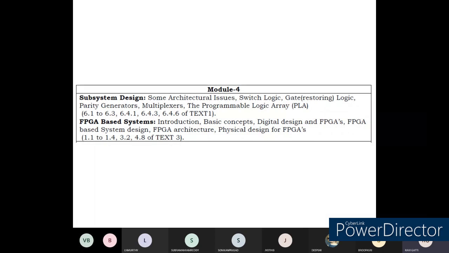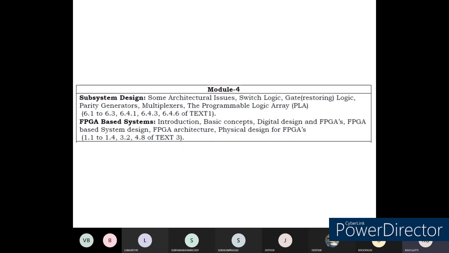And in the next section we discuss the implementation part. Is there any platform for us to do this, or any already available kit so that I can directly dump my fabrication or implementation process? For that we are going to study in VLSI technology the FPGA, that is field programmable gate arrays.